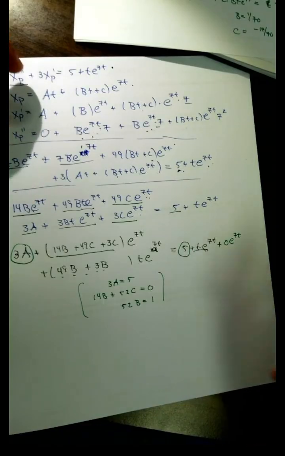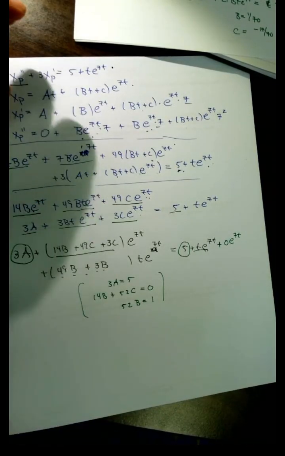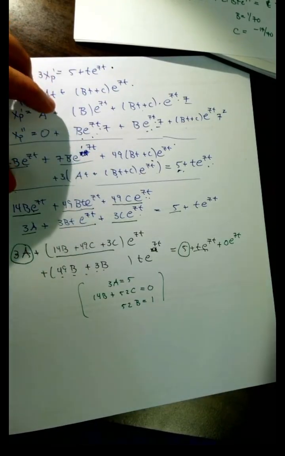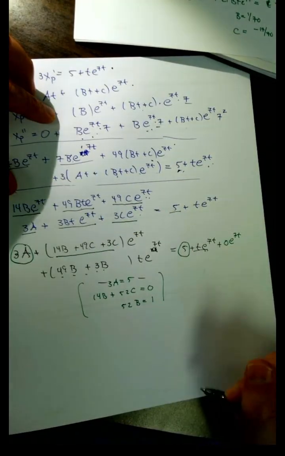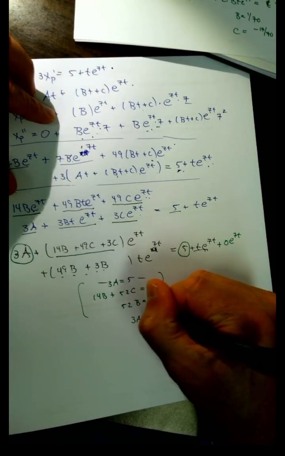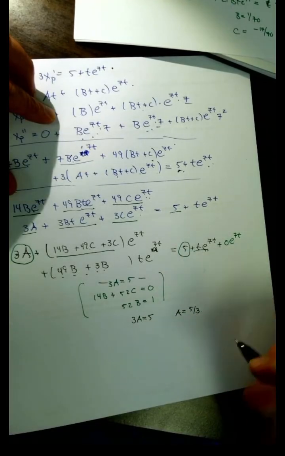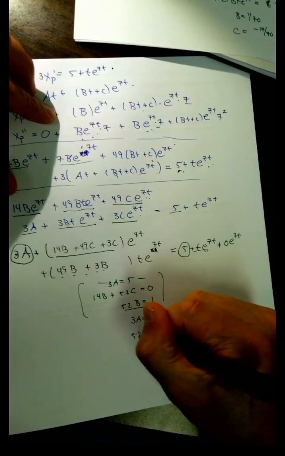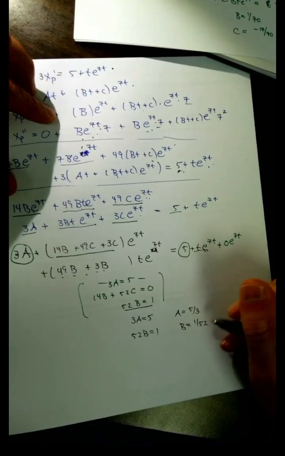Hopefully that's enough. So now I stop and think, how do I solve a system of equations? I'm going to pull out that part of my background. I'm going to do this one first because that's easiest. 3A equals 5 implies that A is 5/3. This is the next easiest one. 52B is 1, which implies that B is 1 over 52.